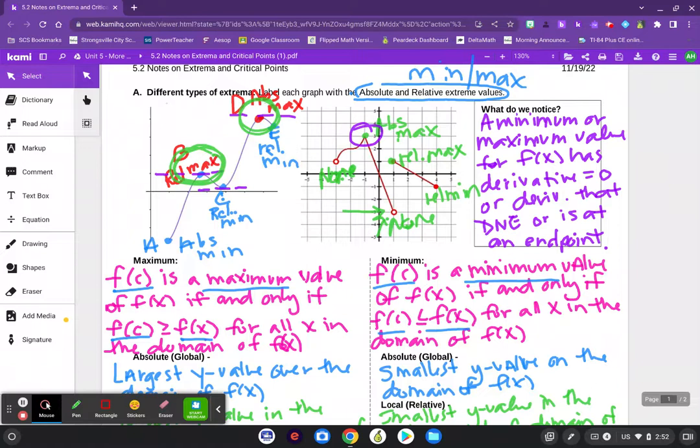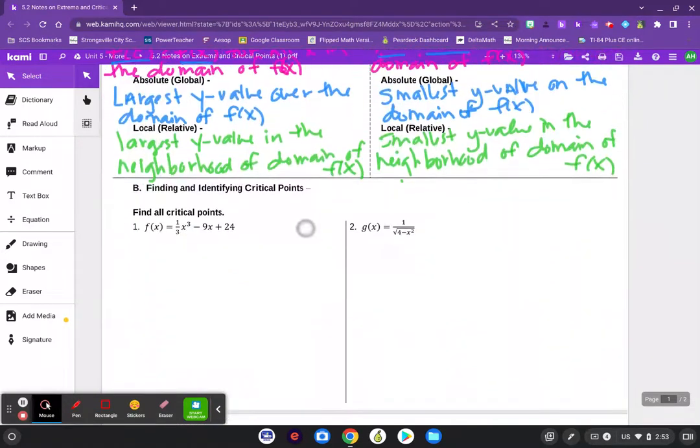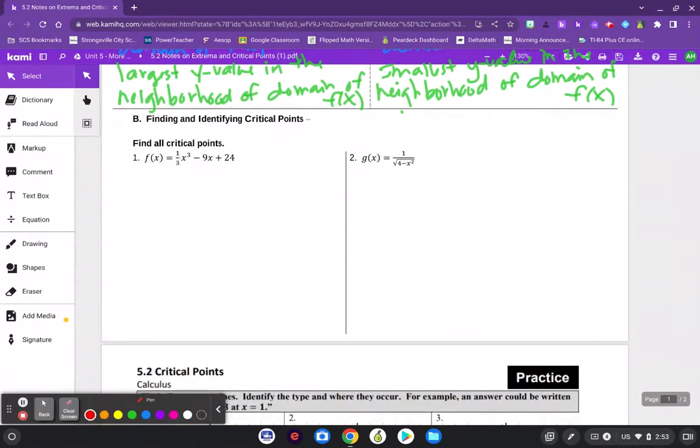The second part of this is looking to find the x value in which the derivative is 0. Finding the x value where a derivative is 0 or where a derivative does not exist to tell me where I would have a minimum or maximum value, the location of that minimum or maximum value, okay? And so we're finding and identifying critical points.